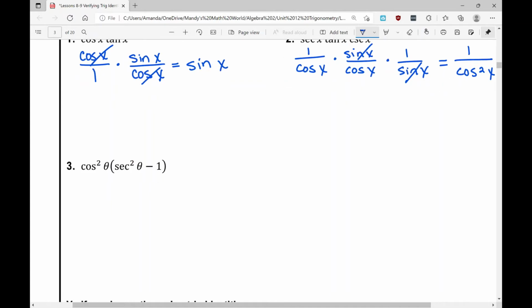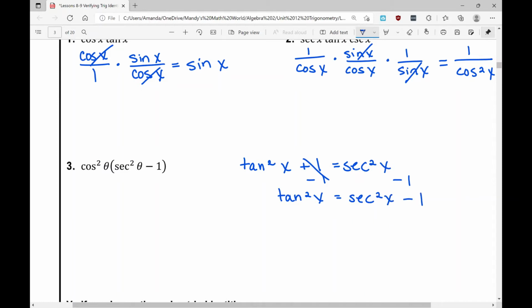So for number 3, secant squared theta minus 1. Well, that Pythagorean identity that has secant squared in it looks like this. Tangent squared x, and I wrote an x here, but you could write a theta, plus 1 equals secant squared. Could I rearrange this? Could I subtract 1 from both sides to get tangent squared x equals secant squared x minus 1?